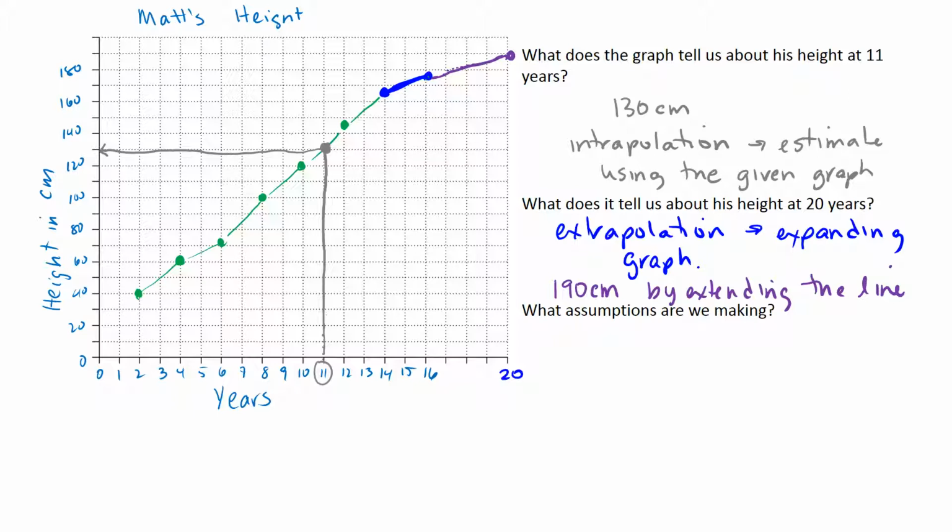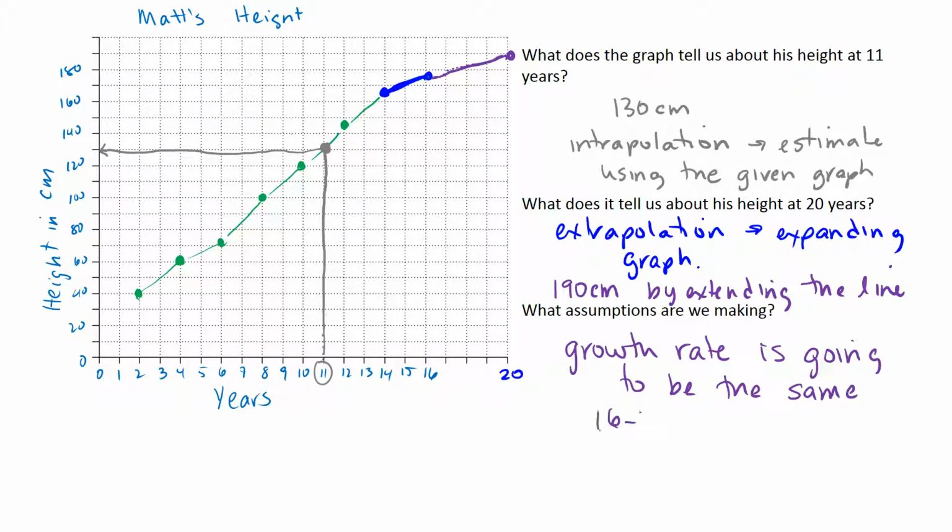Now, what assumptions did we make? Well, we made the assumption that his growth rate is going to be the same from 16 to 20 as it was from 14 to 16.